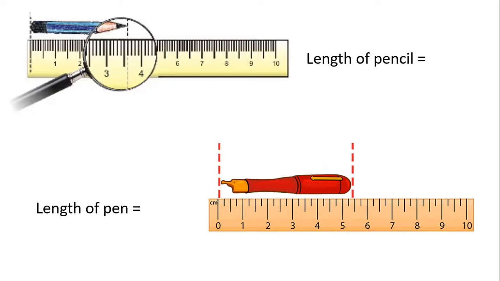Sir, the scale for the pencil is different. It doesn't have 10 lines, sir. It's difficult. Here it is mentioned like this: 5, 6. 1, 2, 3, 4, 5, 6, 7, 8, 9.